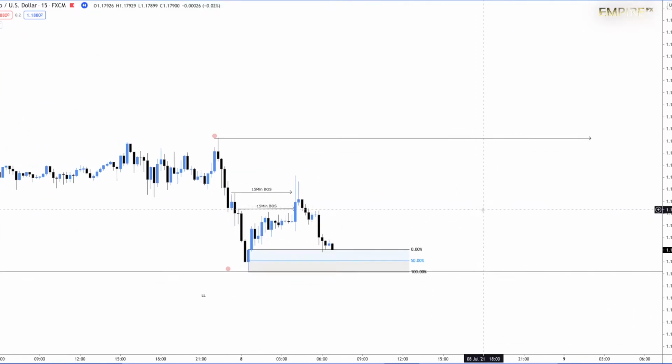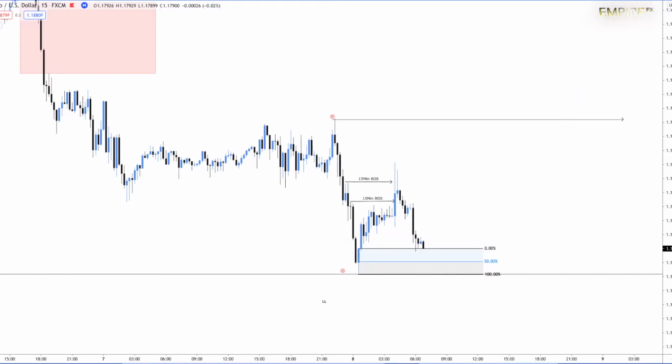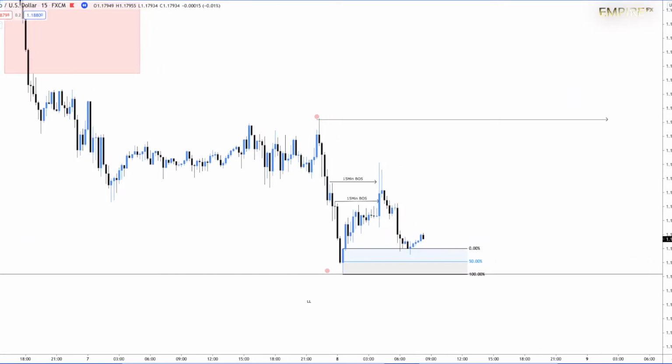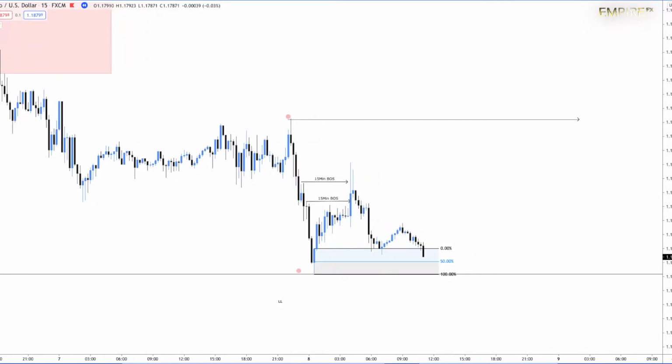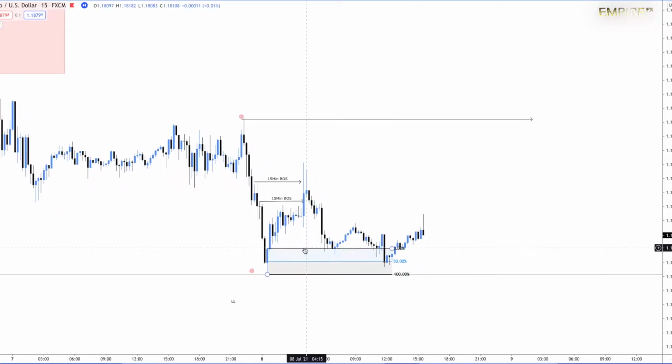Let's just see what price action does, okay? It's coming down, tapped into, without hitting the 50% or mitigating 50% of this order block.